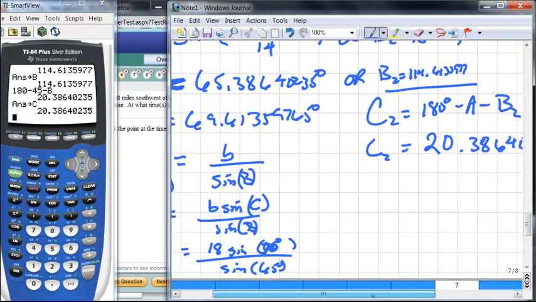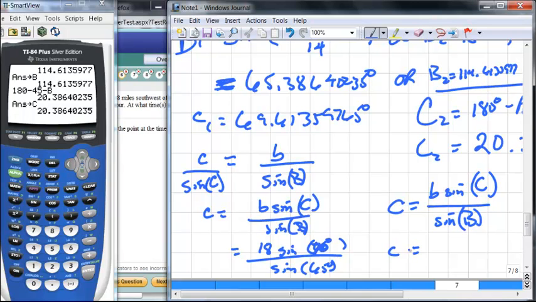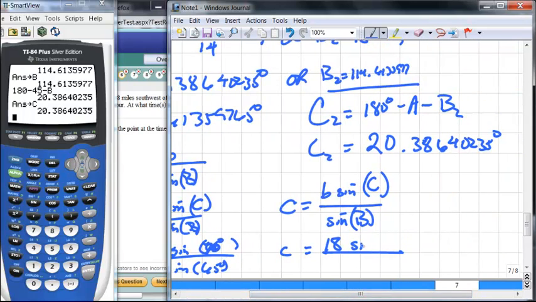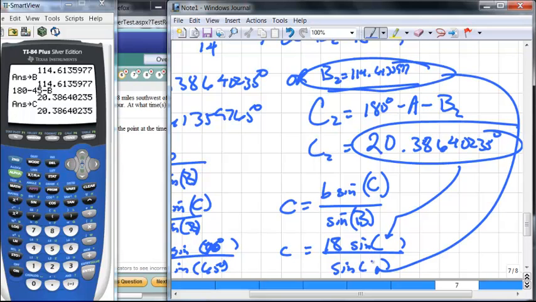Now from there it works the same, the formulas are the same. C is B sine of angle C over sine of angle B. The B is still 18, but now I'm using the new version of C and this version for B, which I have stored.